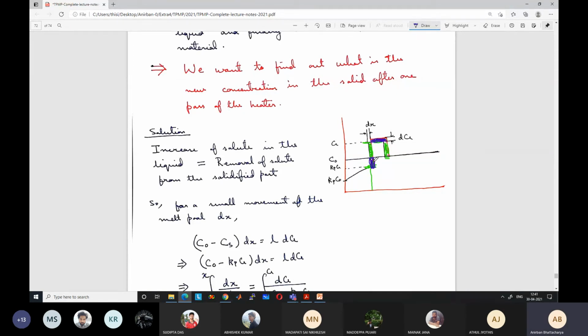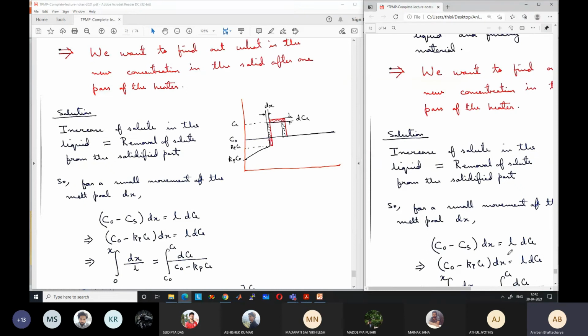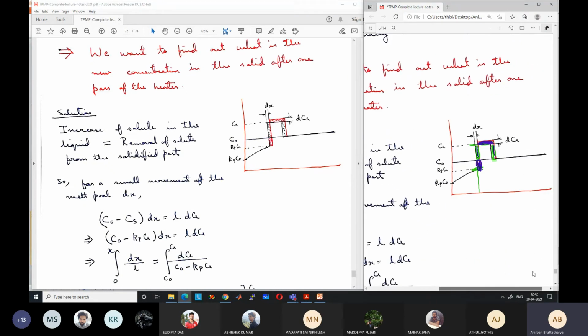Because this area and this area are equal already, so they get cancelled, and we are left with this area and this area. So C0 minus KpCl into dx length is equal to L length into dCl. This is our governing equation for the zone melting process.